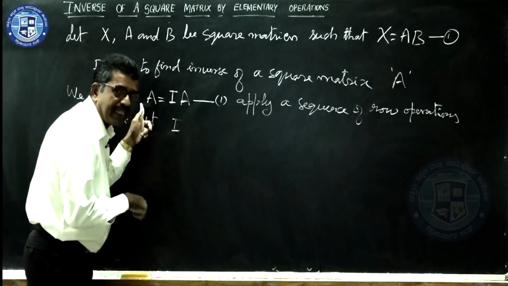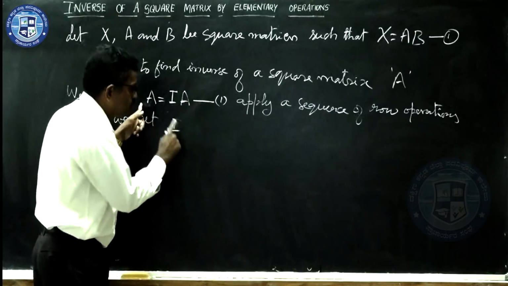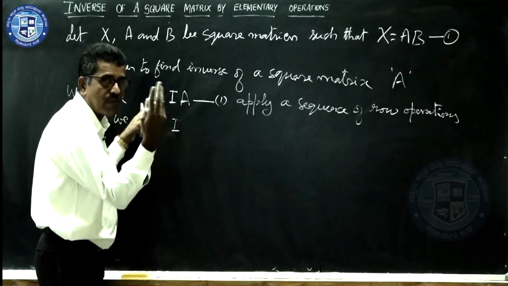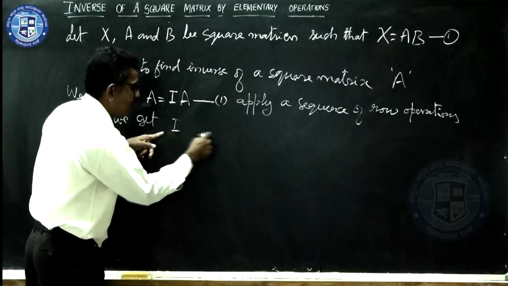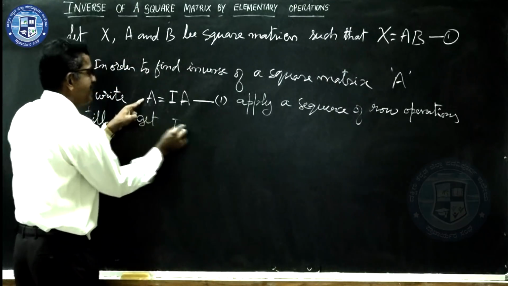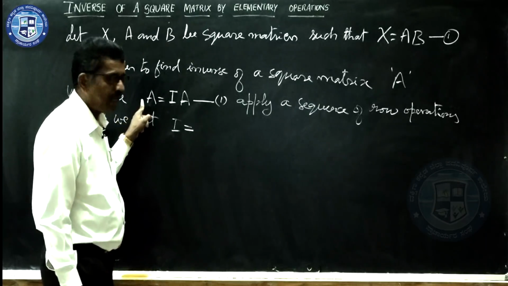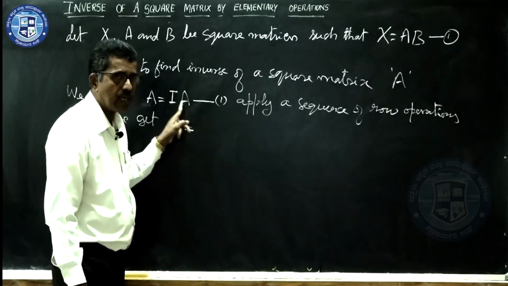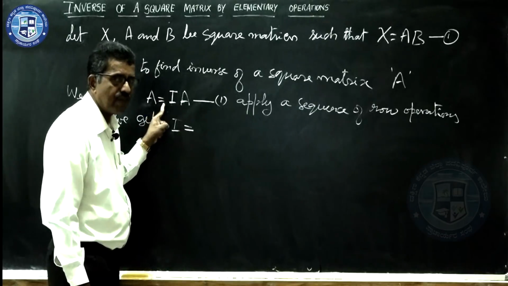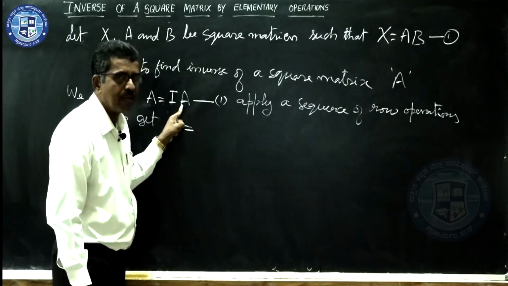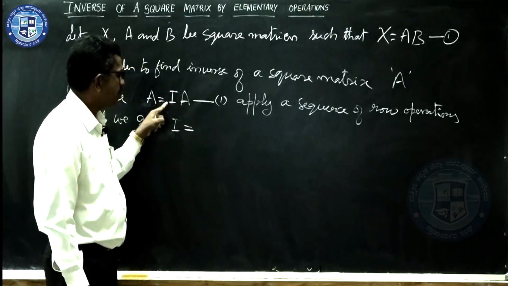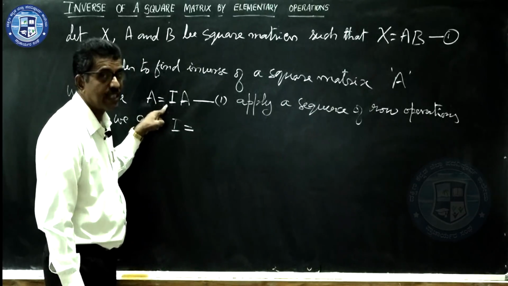You are aware of what the identity matrix is. In the case of 2 cross 2, it is 1 0 0 1. In the case of 3 cross 3, it is 1 0 0 0 1 0 0 0 1. On the right hand side, the changes are found in which matrix, first or second? When you apply row operations, they are applied to the first matrix.